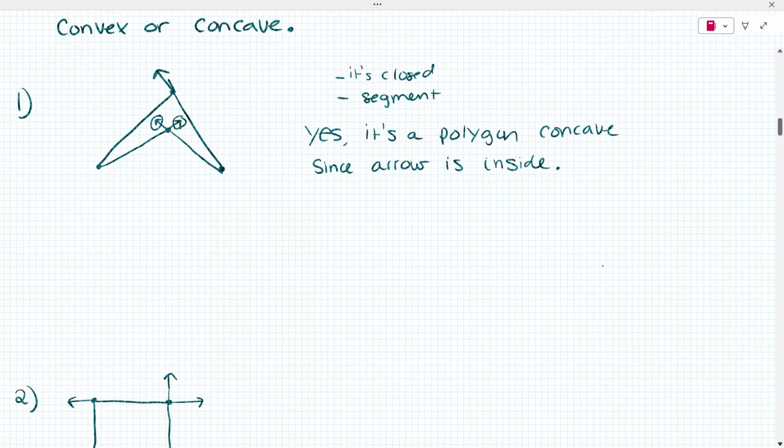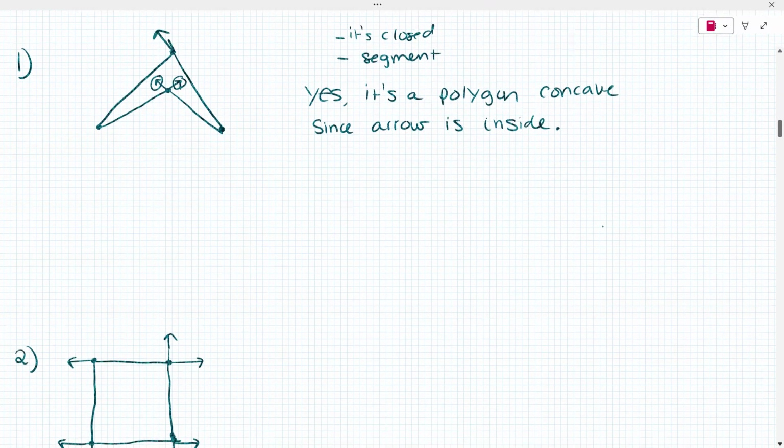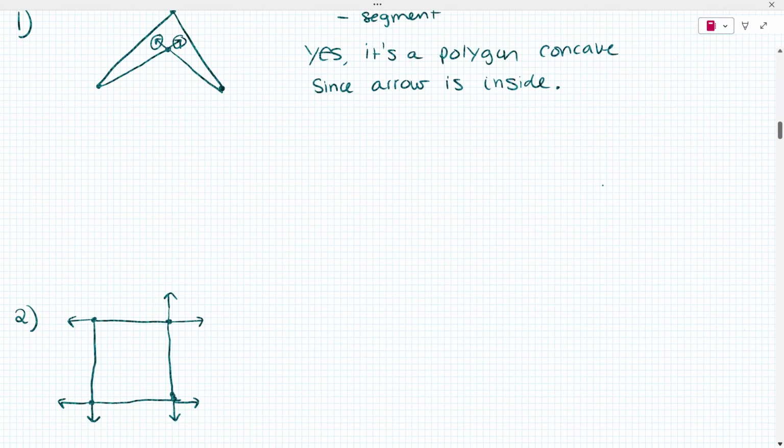Okay, let's look at image 2. This looks like some kind of square. So is it a closed figure? Yes, it's a closed figure. It's definitely closed. Do we have only segments? Yes, only segments.